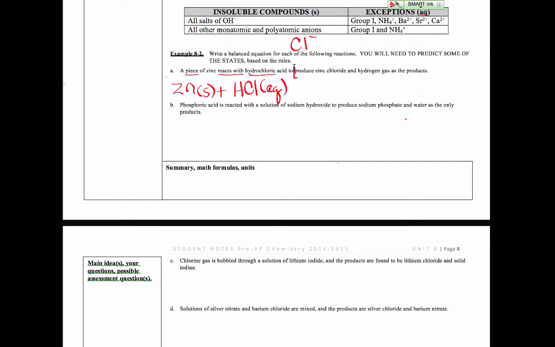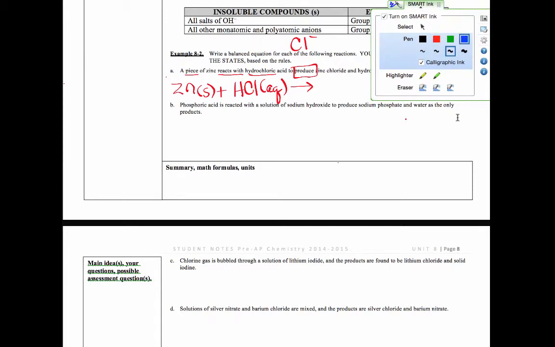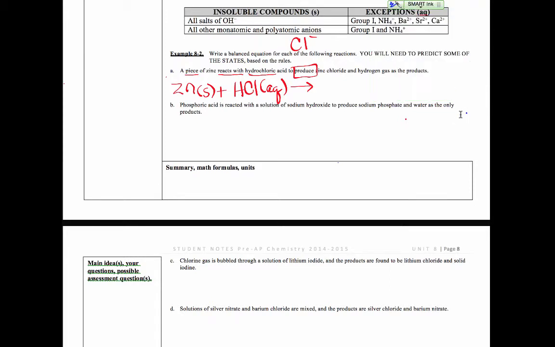Now, how we communicate the word "produced." We're using symbols to communicate meaning here, and we're going to use an arrow to indicate produces. Now we have zinc chloride here, and in order to write the chemical formulas, at some point you're going to be able to do this without even thinking. But until then, what I recommend is putting the charge above the symbol.